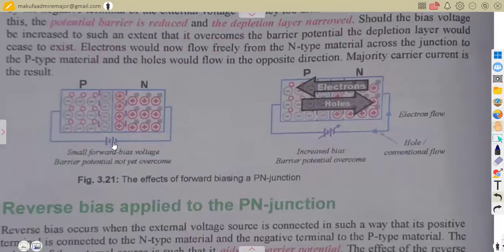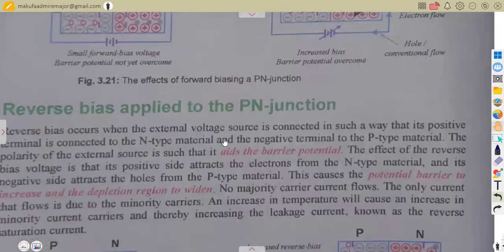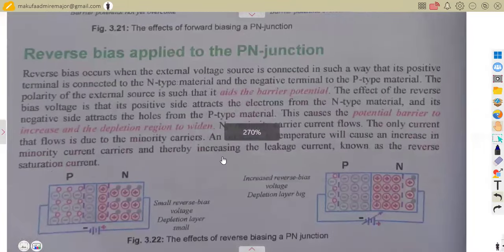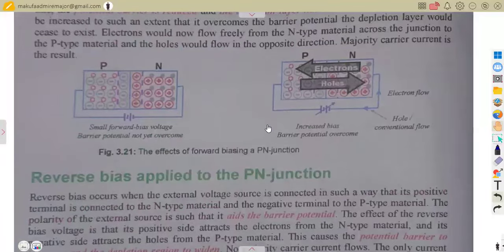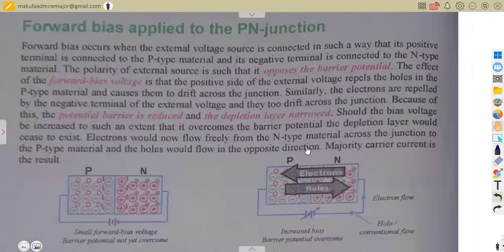Now when the voltage is involved, there is the movement of electrons: forward biasing and reverse biasing. The normal one, which is the forward biasing, is this one: the positive must be connected to the P, and the negative must be connected to the N type. So this is what you call forward biasing.